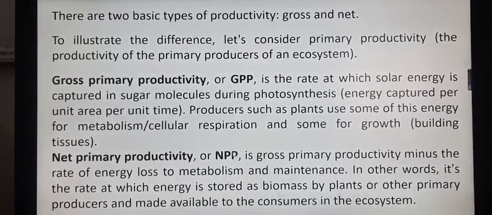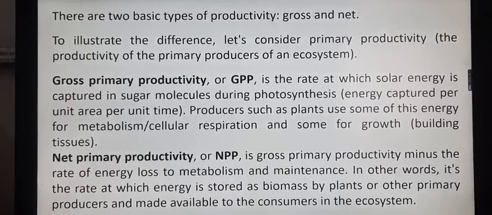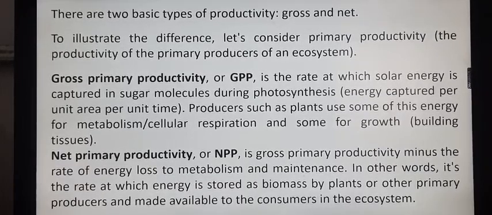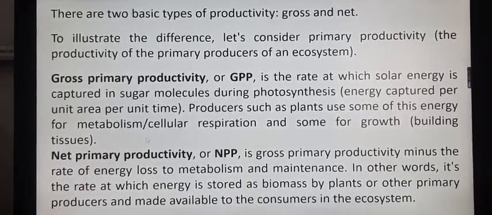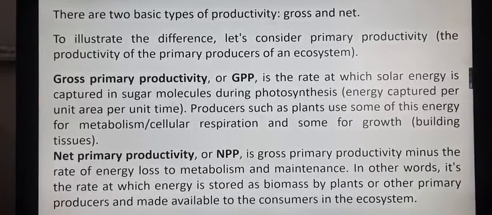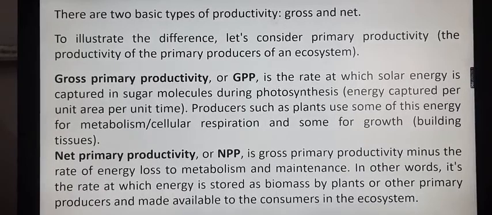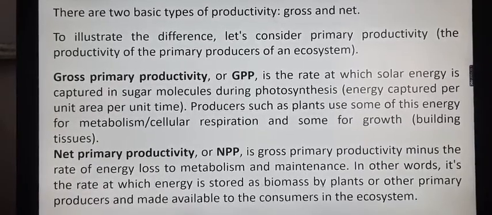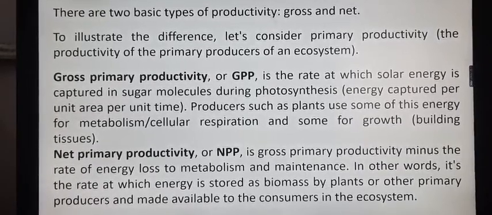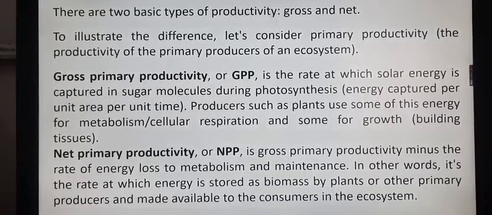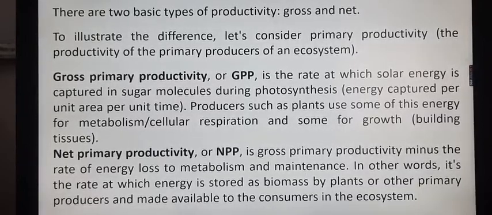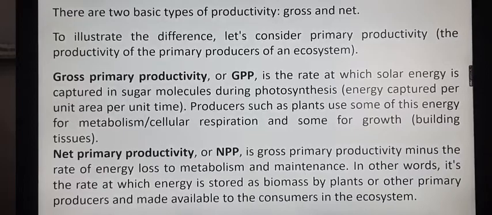The energy utilized in cellular respiration is wasted, and only the energy of the sun used in the formation of cells and so on is stored in the plants or other primary producers and made available to the consumers in the ecosystem.